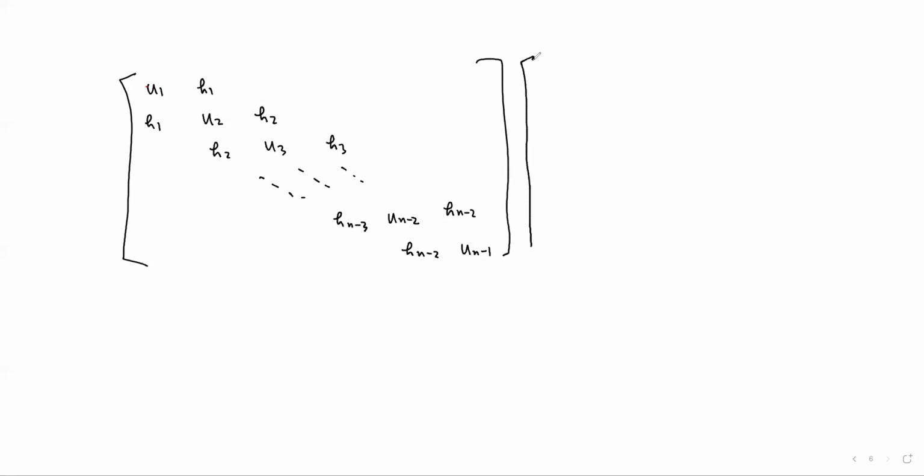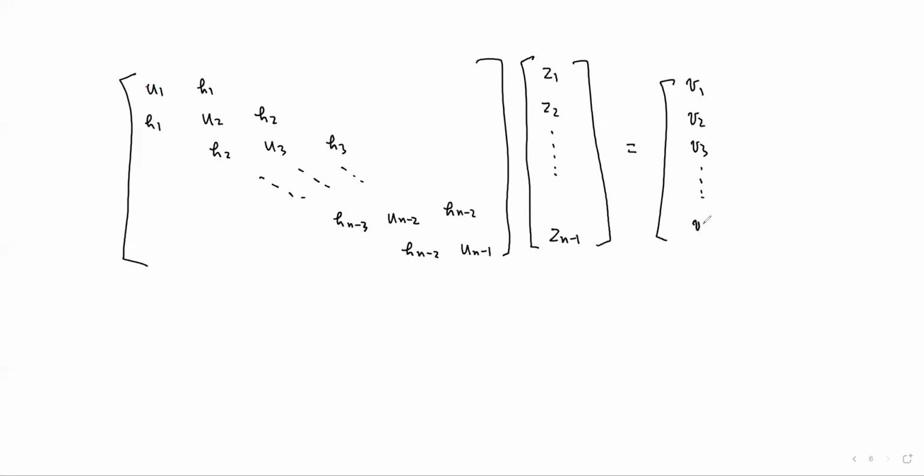The unknown c0 we have set to 0. So the unknowns are c1, c2, to c n minus 1. And the right side is v1 to v n minus 1. What is v1? I will tell you briefly. Now h k we have defined, it is this number.